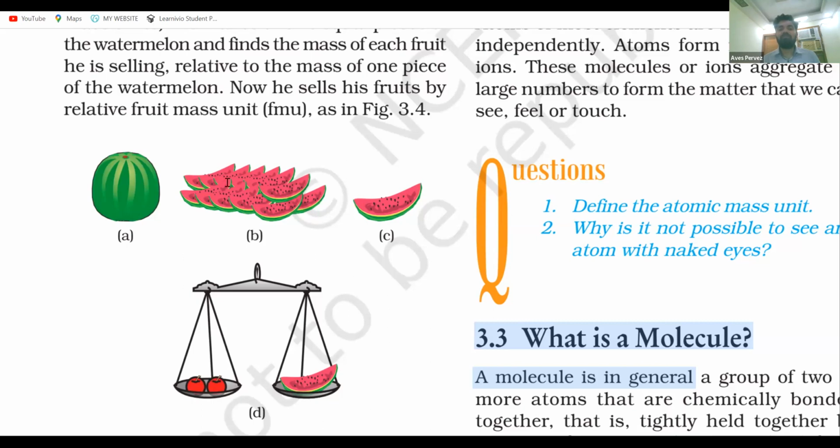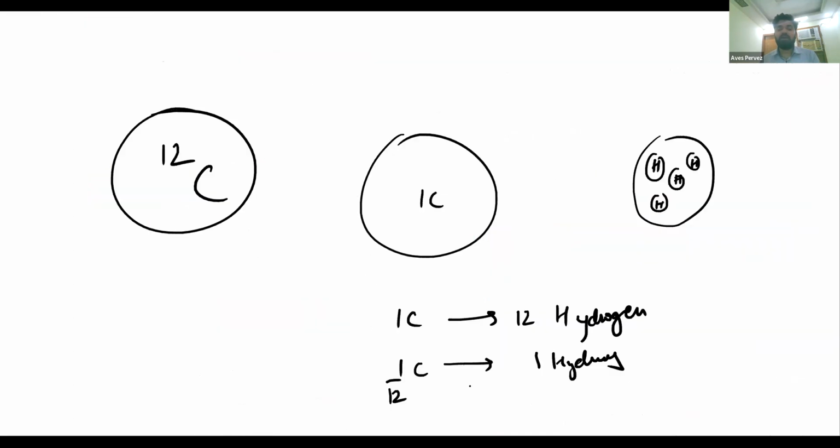For example, let's suppose 24 such pieces are equal to the mass of one magnesium atom.